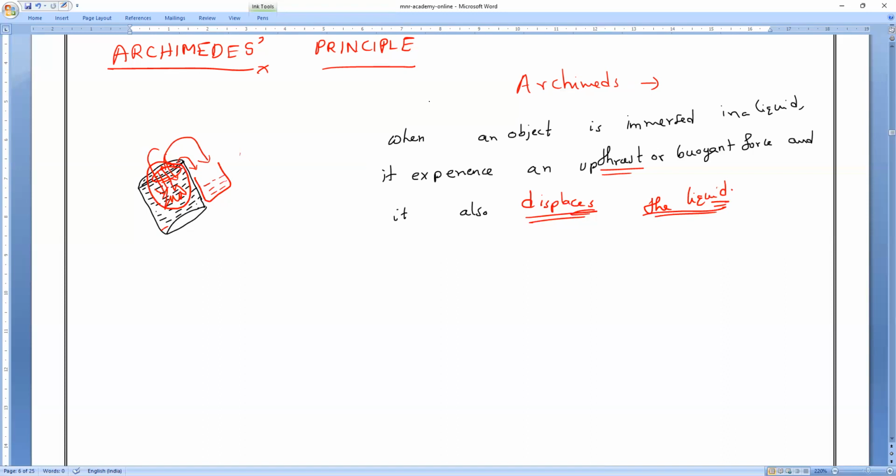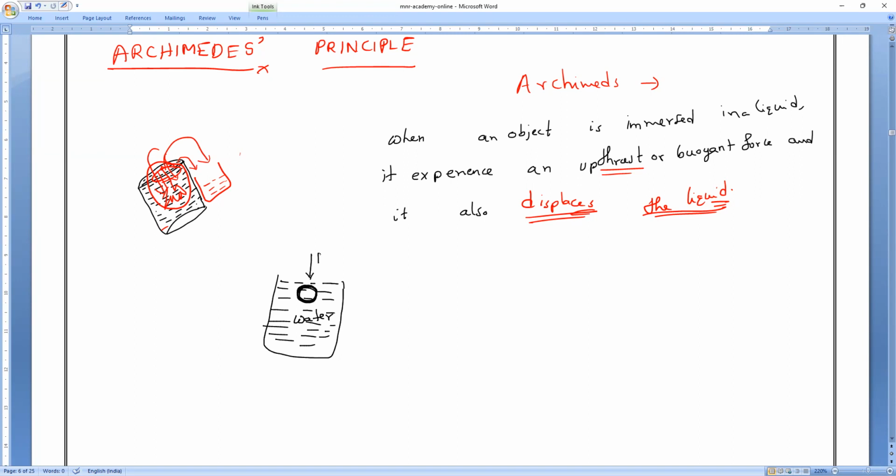So let us discuss it now. When a body is partially or fully immersed, for example, if I take one beaker with water and drop a 1 kg stone, the stone is now immersed.